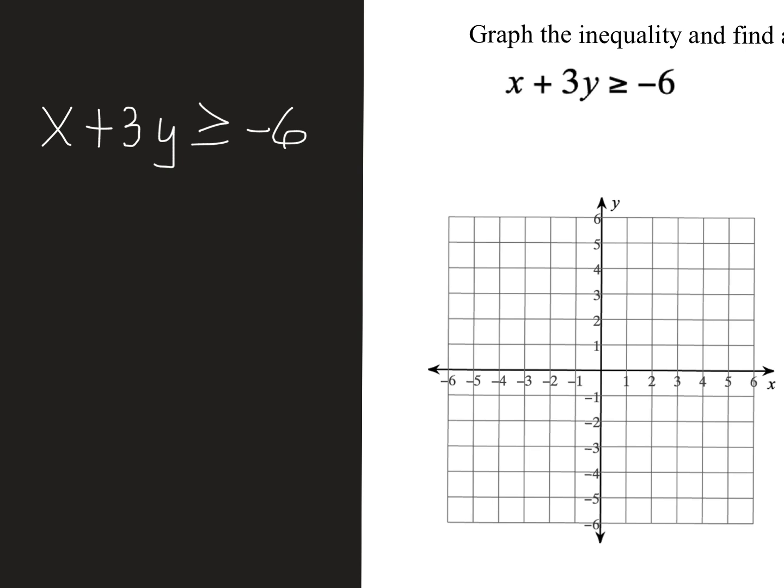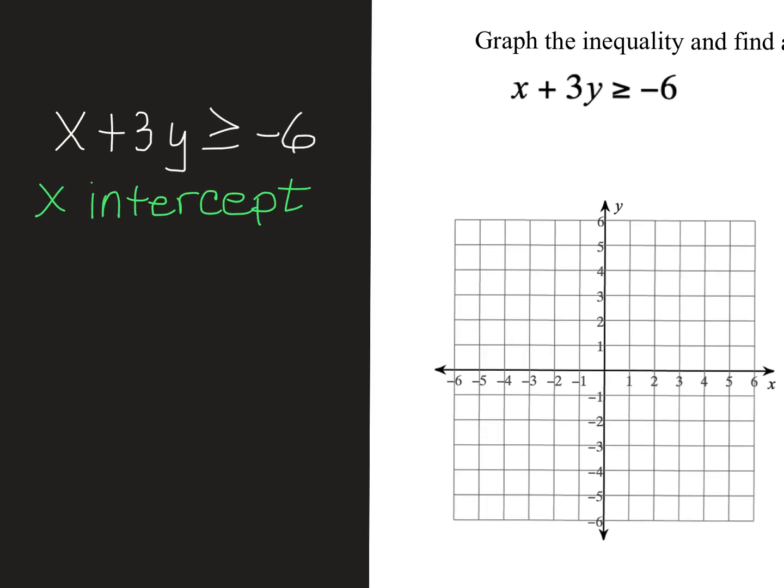So remember that the x-axis is here and the x-intercept is where the graph hits the x-axis. In order to find the x-intercept, you take the constant term. I'm going to put that in a different color. So you take the constant and you divide it by the number, the coefficient that is in front of the x.